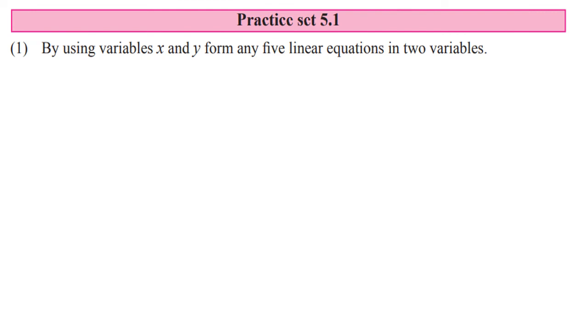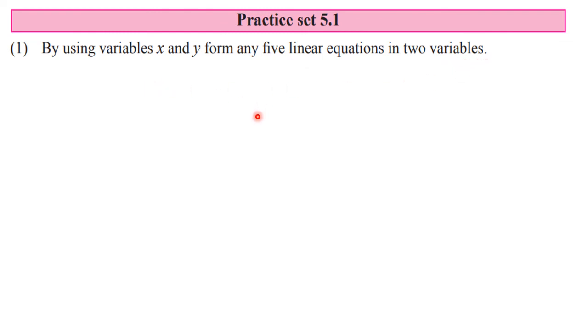So let us start solving practice set 5.1, which is based on whatever we have learned just now. The first question is: by using variables x and y, form any 5 linear equations in 2 variables. This is an open-ended question.